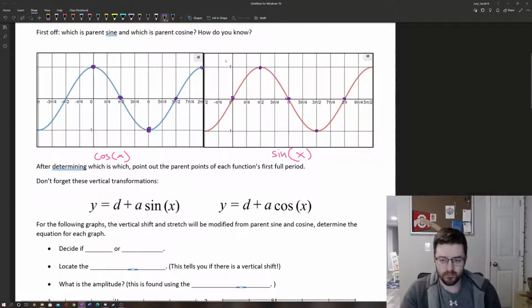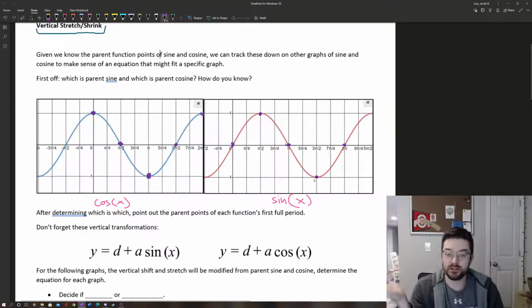I just shifted them to show you that they do look pretty similar. So you need to really make sure that you're looking at the right spot on the graph, especially since these graphs aren't shifted at all.